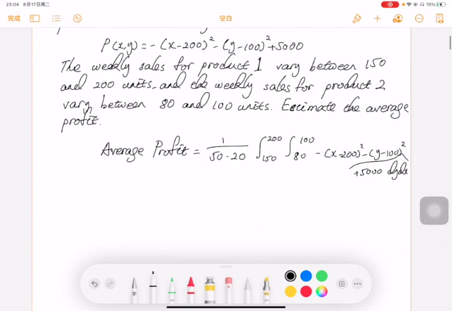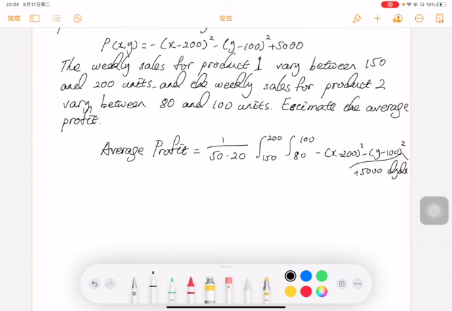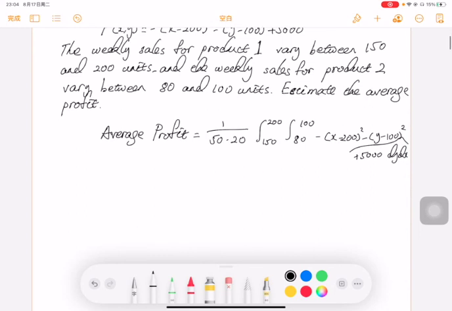Here, the order of integration actually doesn't matter. You can interchange the boundaries and do dx dy instead. It makes zero difference. I'm just picking dy dx for no reason really.